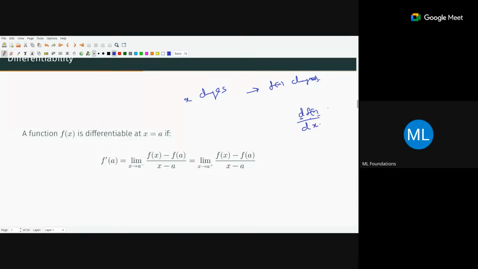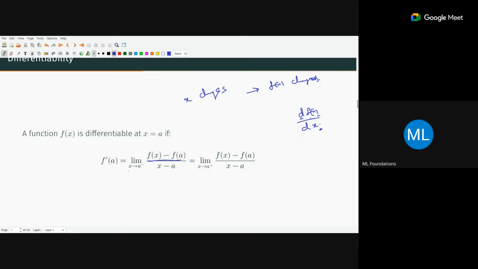You can write it as d or del; some say del, some refer to this as delta. It is a very small change, and we call it d. So for a small change of x, how is the small change of f of x? For that we see this.